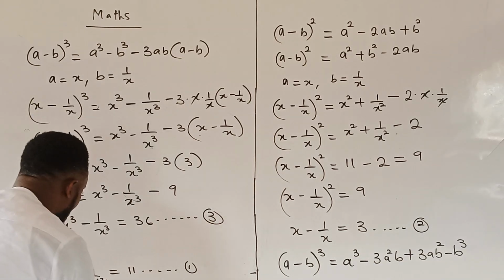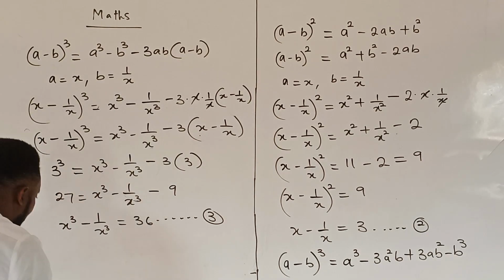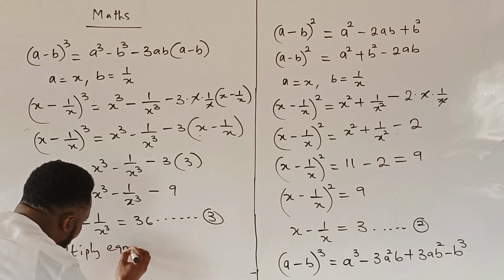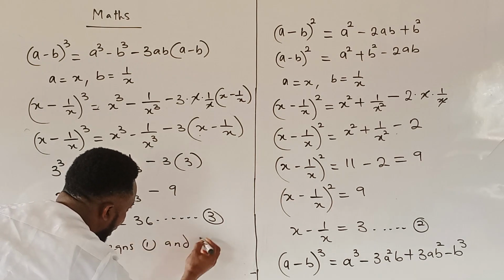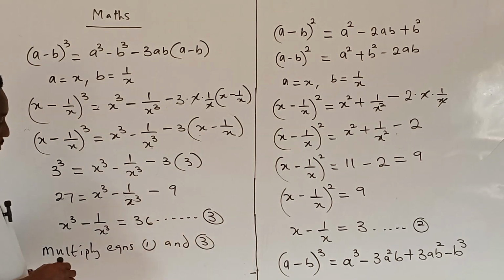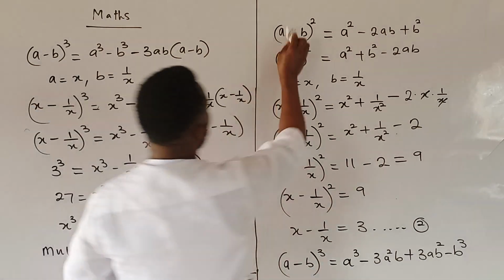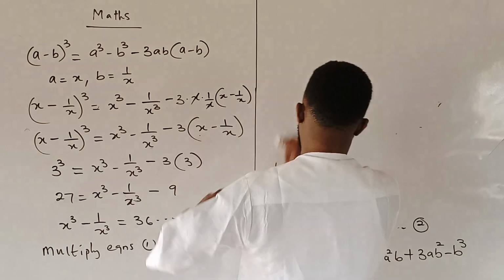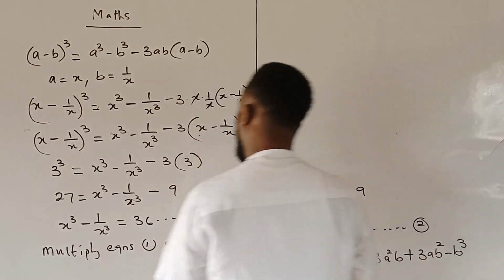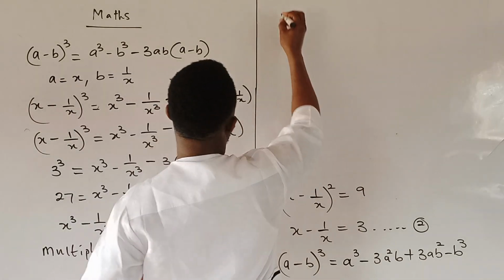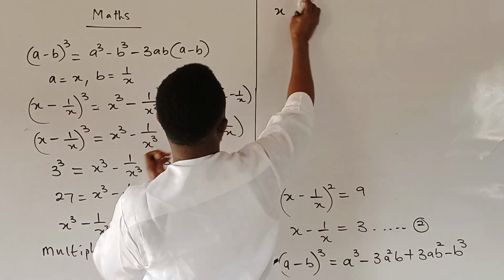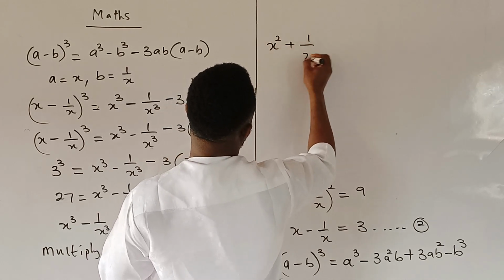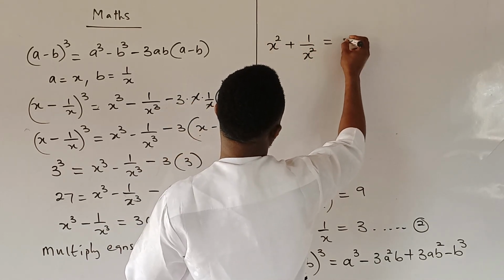So what I will do, I will multiply equations 1 and 3. That's what we are going to have. Now I'll go up here and take out these. Equation 1 is x squared plus 1 upon x squared equal to 11.